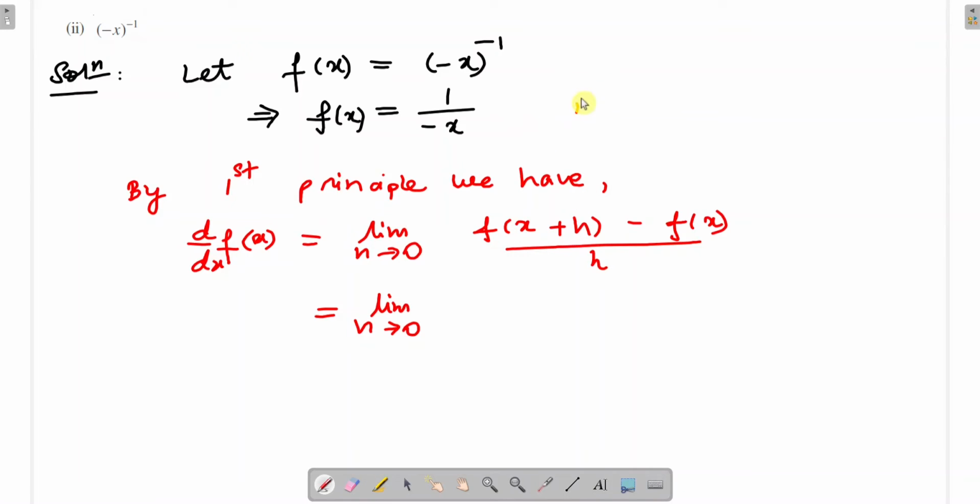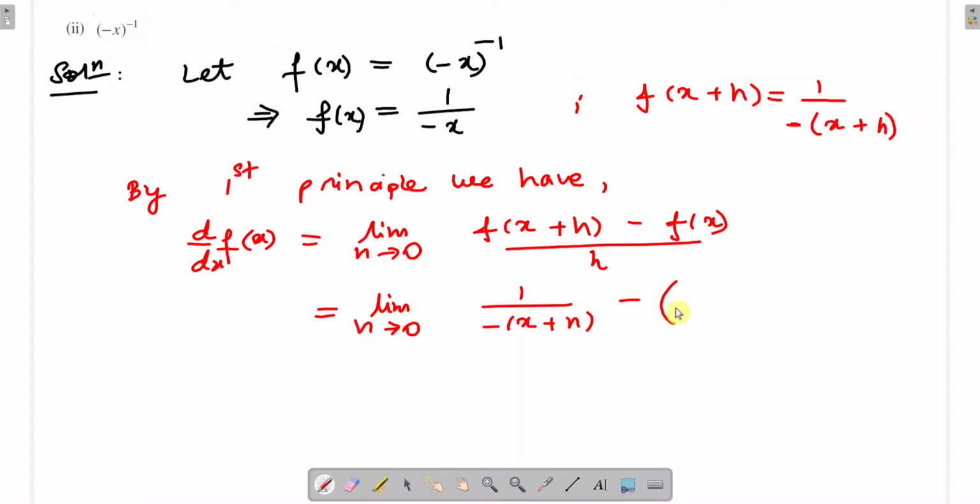Again you can see you have f(x) equal to 1 by minus x, so f of x plus h will be equal to 1 by minus, since the minus sign is there we have to put a bracket, so minus (x plus h). So we will have here 1 by minus (x plus h), and minus of f(x) is there, so this will be bracket 1 by minus x, right? f(x) is 1 by minus x. Since there is a minus sign, we have to put a bracket, and then divided by h.